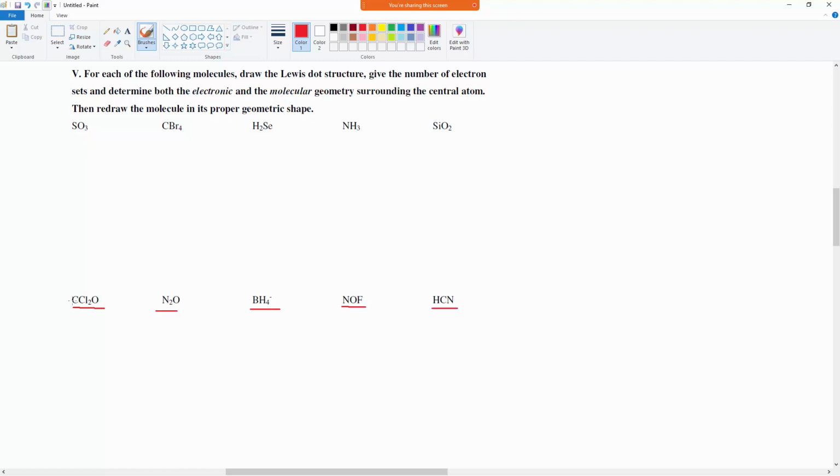So we'll start with this guy, CCl2O, and we're going to practice Lewis dot structures. So carbon comes in with how many electrons, guys? Your turn to help me with these. 4. Good. How many electrons does chlorine come in with? Got 2 chlorines. They each come in with 7. Good. And then how many does oxygen come in with?